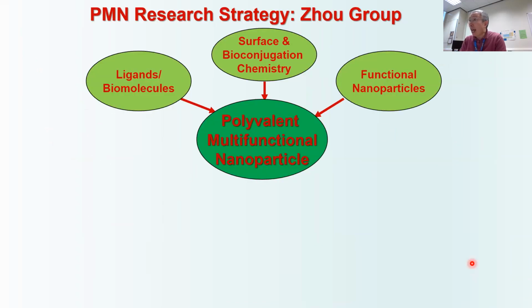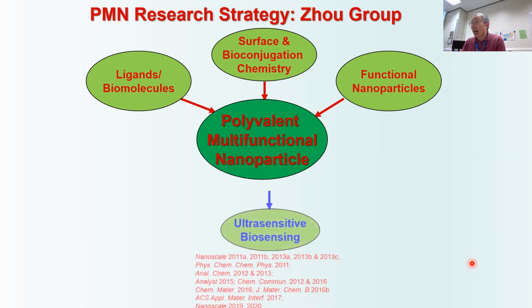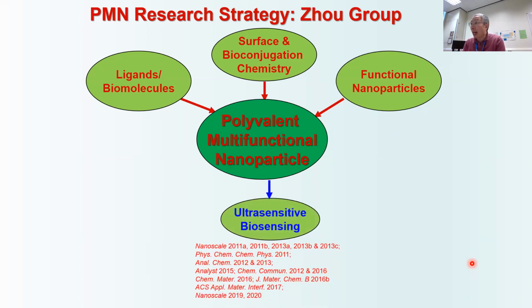Okay, so when we have these PMN, because PMN can offer significantly enhanced affinity, we can improve the sensitivity of biosensing. So in this case, we can use them to achieve ultra-sensitive biosensing.